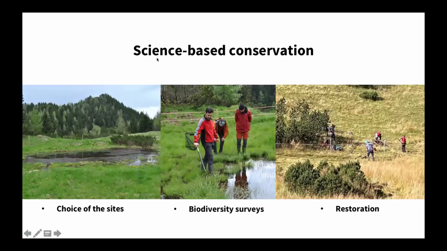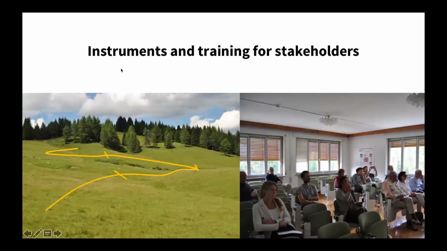So science-based conservation, I meant that we chose a group of sites. We surveyed these sites, studying their biodiversity, and then we decided some restoration interventions, some actions that could provide a better situation for these environments or for their biodiversity. We worked on providing instruments and training for stakeholders.